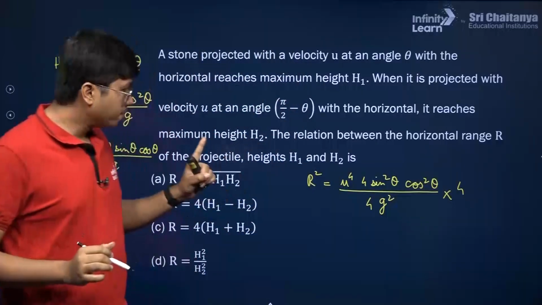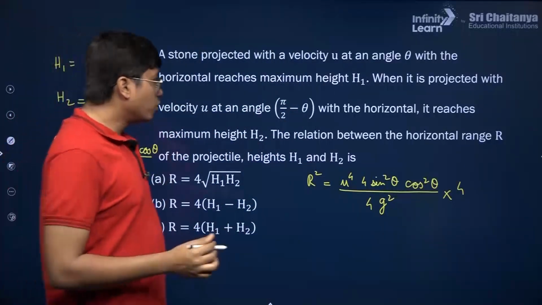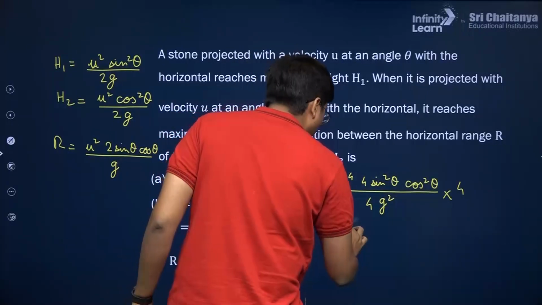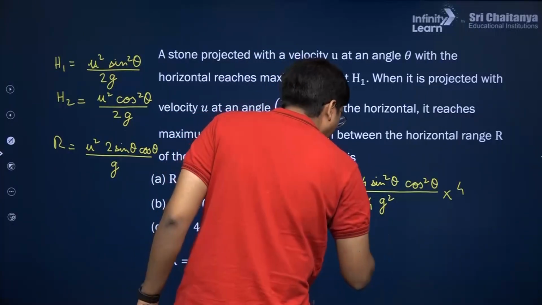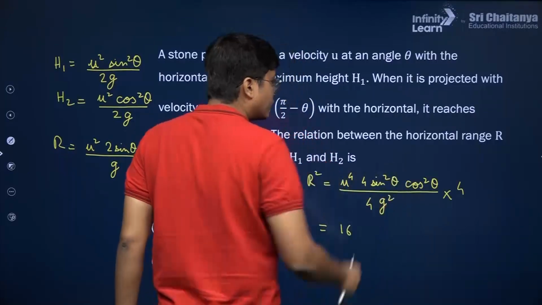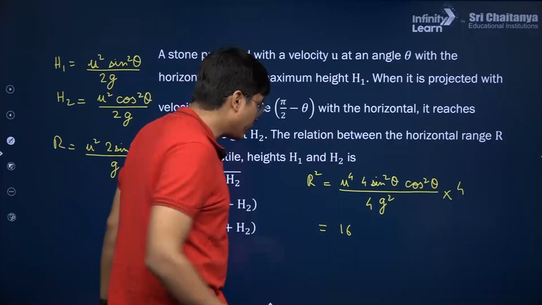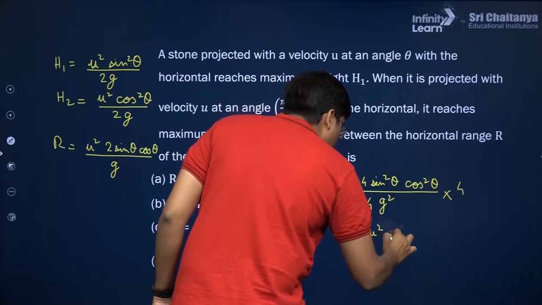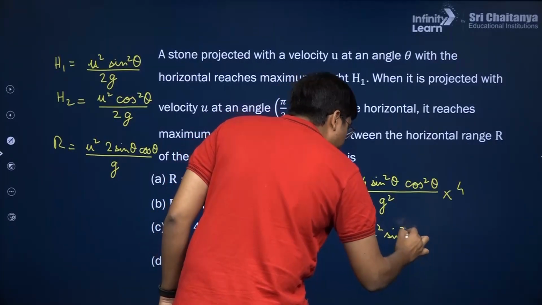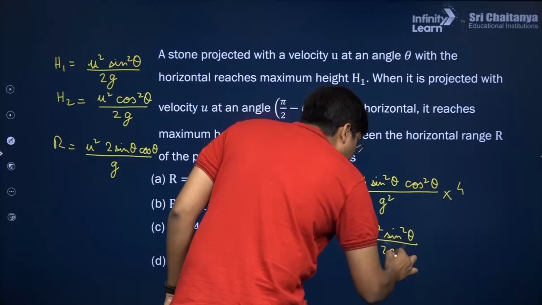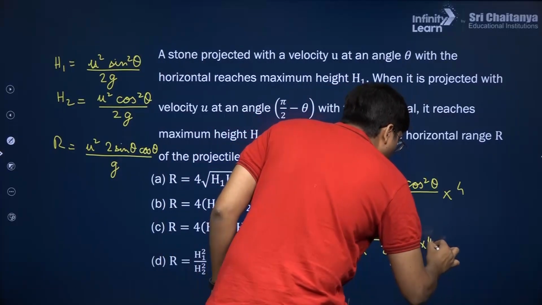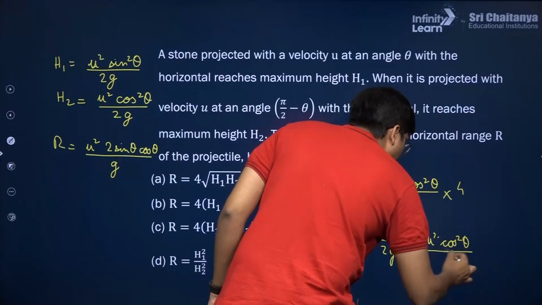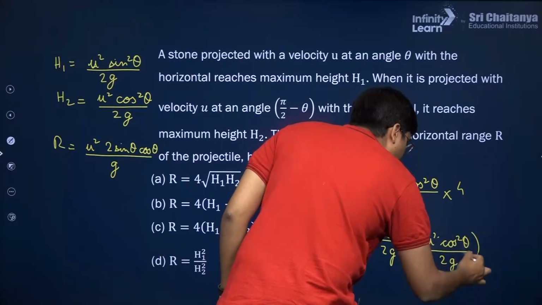Why do I do that? Because now if you look, if I write it in this form, this 4 into 4 I take out and keep as 16 outside, and this u to the power 4 sine square theta cos square theta by 4g square can be written as u square sine square theta by 2g into u square cos square theta divided by 2g.